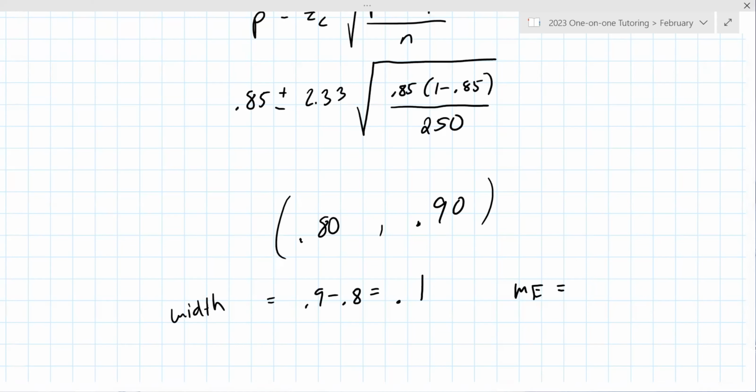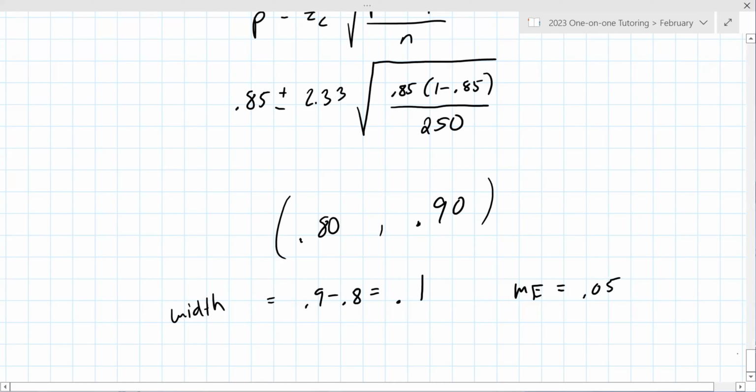Margin of error is half of the width, so 0.05. Good.